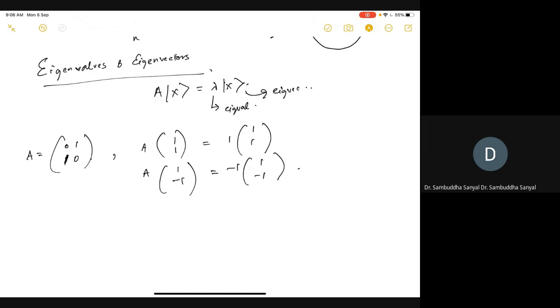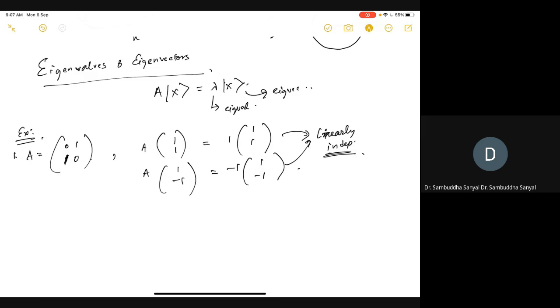Okay? One interesting thing to note is that these two eigenvectors are linearly independent. This is one of the properties, and we will see more on how to build on that property and use it in various contexts.